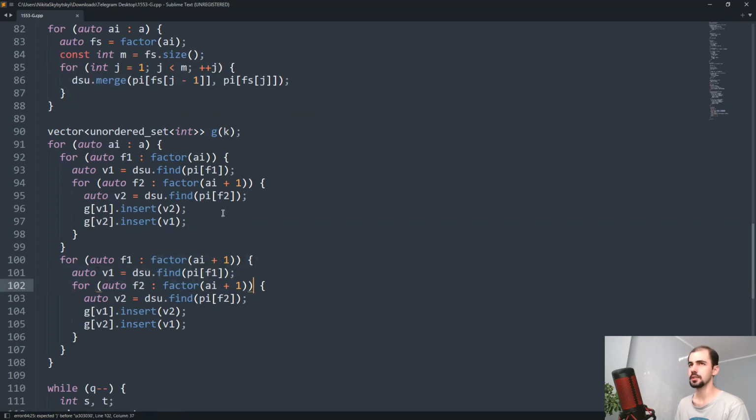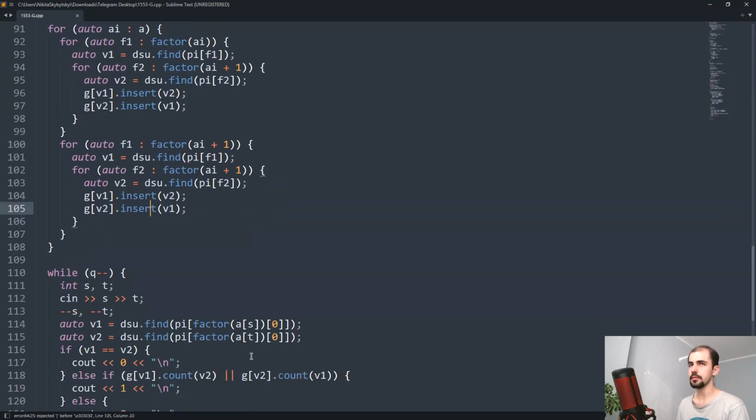The way I do it is obviously inefficient in that I loop over F1 and F2 and also over F2 and F1, in two ways, but it's a constant term. If you are chill, you may need to optimize it, but this is also fine.